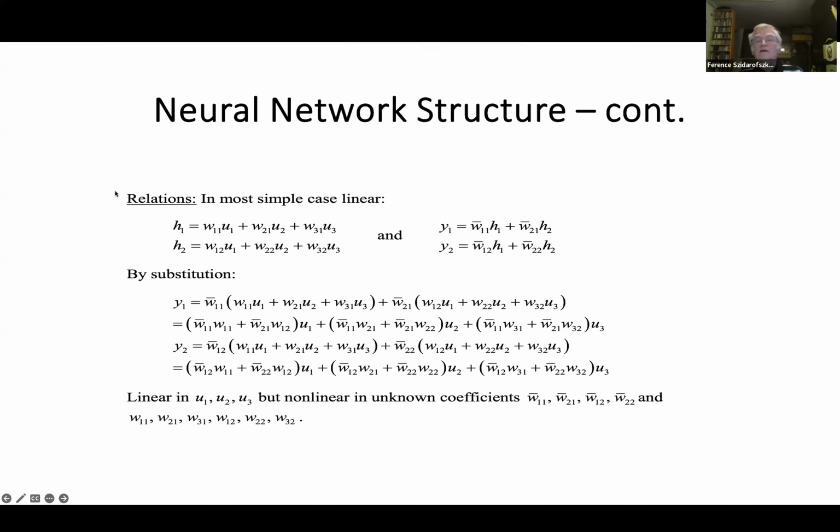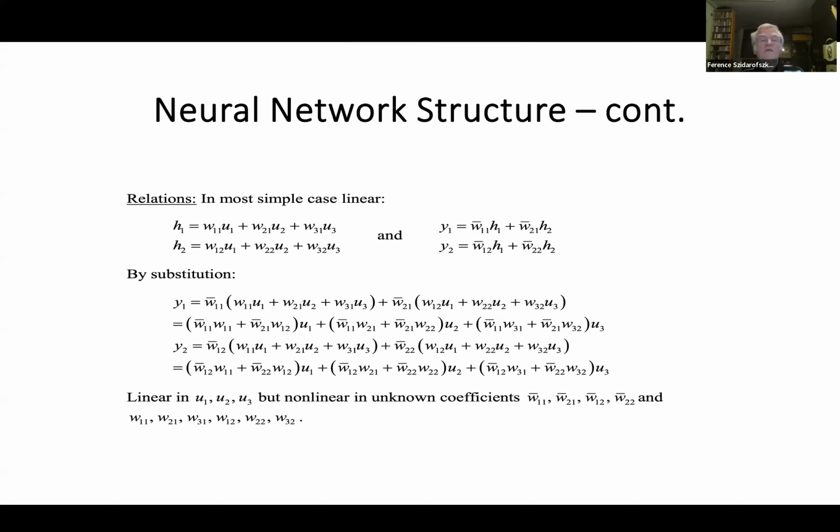If you combine these equations, you can get a direct input-output relation in the following way. Y1 equals this W times H1, but you plug this H1 into here. The second term is a W coefficient multiplied by H2, but H2 is here. You write it there, and then rearrange the terms.